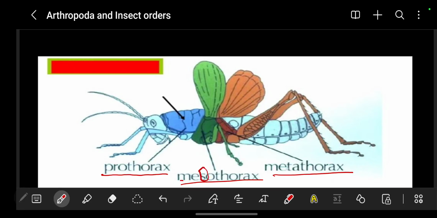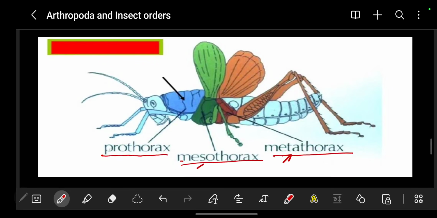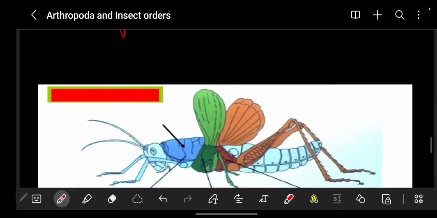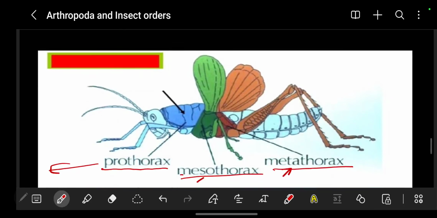We have the meso and we have the meta. As you know, S comes before T, so we begin with our S, then we go to our T. Then we know that pro always has to be in front, so we have the prothorax, the mesothorax and the metathorax. Together they form the thorax region of the insect.